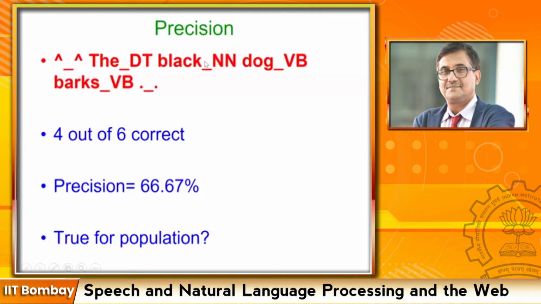Black is not noun, it is JJ, adjective. Dog in this case is not a verb, though dog can be a verb. Dog in this case is not a verb, it is a noun, the black dog. So 4 out of 6 tags are correct. So precision, which is nothing but number of correct things out of all the things, is 4 out of 6, which is 66.67%.